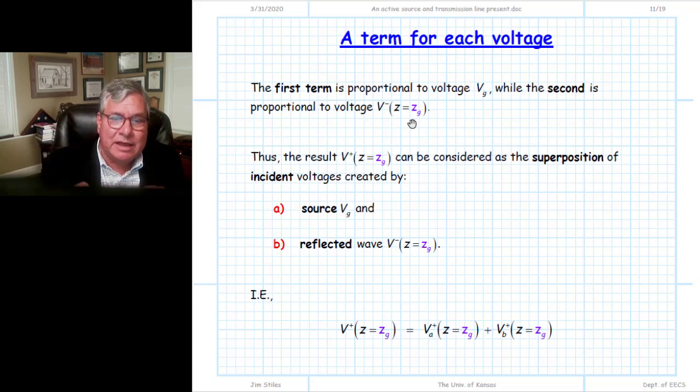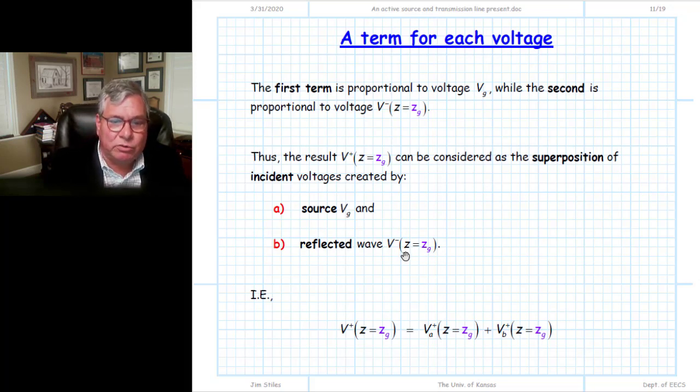And so we can think about the resulting voltage, V plus, at the beginning of the line, right there where the source is attached, as being a result of a superposition of two phenomena, one involving the open circuit source voltage VG, and the other involving the minus wave voltage V minus at that location.